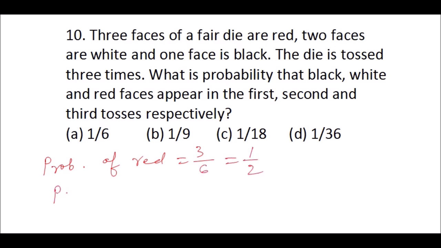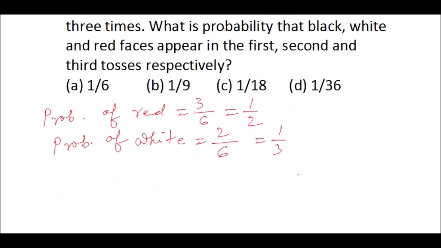What is the probability of appearing the white face? There are 2 faces that are white out of 6. Therefore, 1/3. Then what is the probability of appearing the black face? It is 1/6, only 1 face.